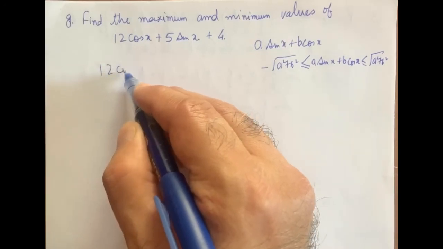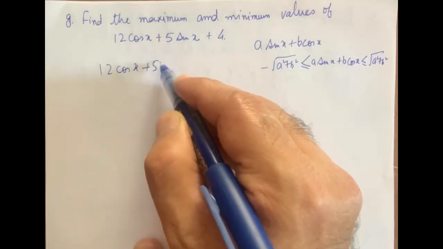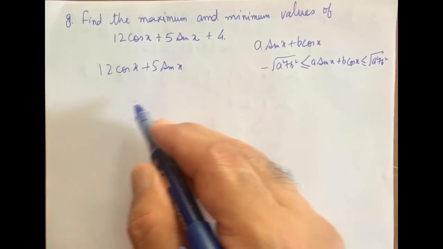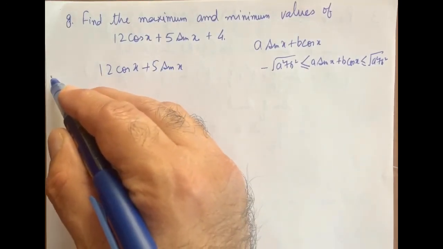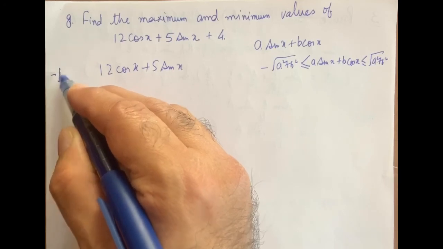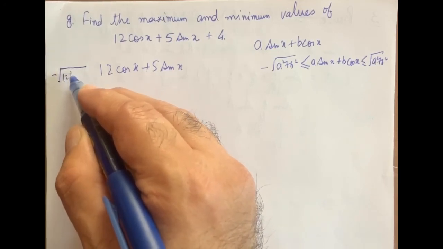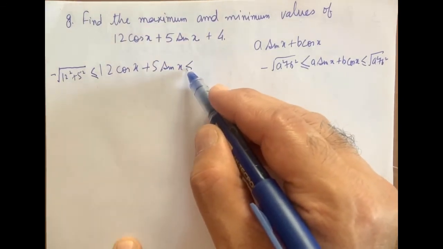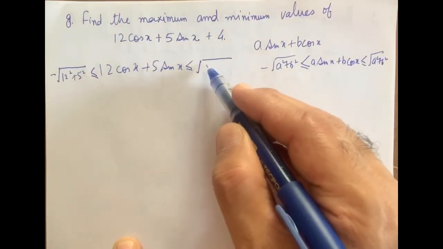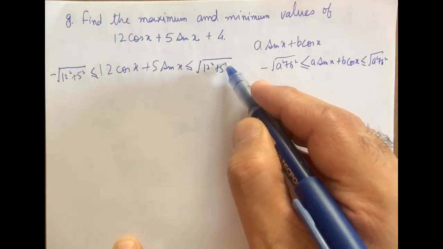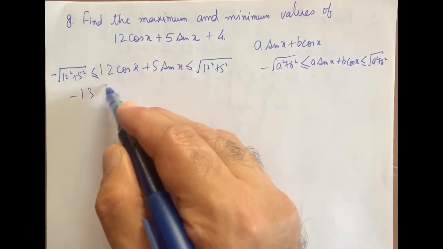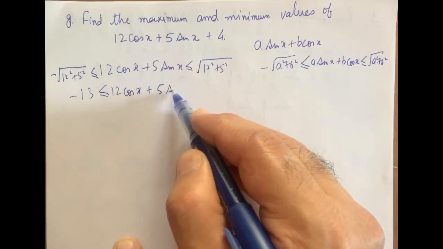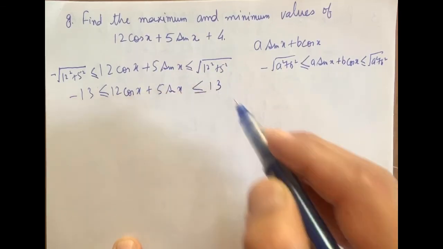So we can write the same for 12 cos x plus 5 sin x. x has to be the same. So this is between minus root of 12 square plus 5 square and root of 12 square plus 5 square. This is minus 13 less than or equal to 12 cos x plus 5 sin x less than or equal to 13.